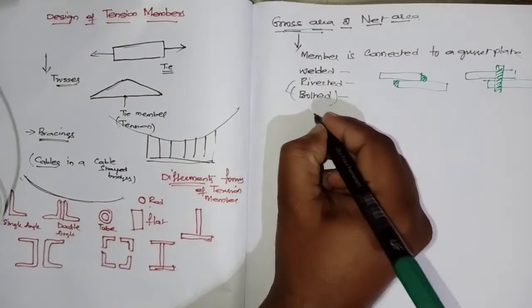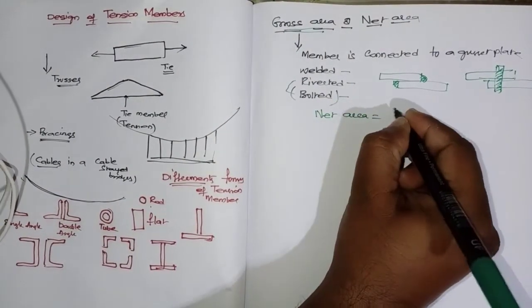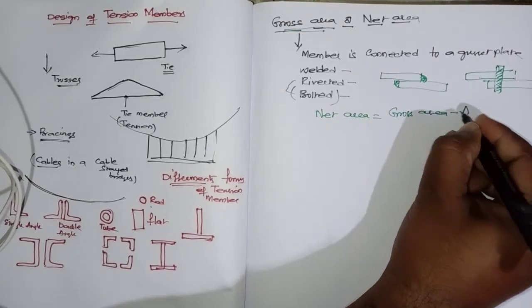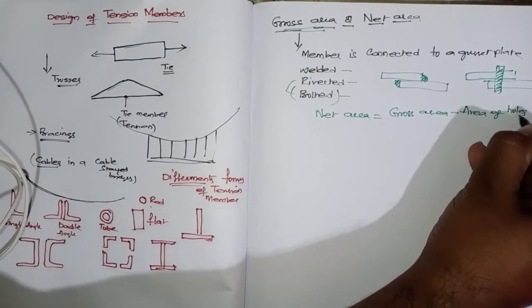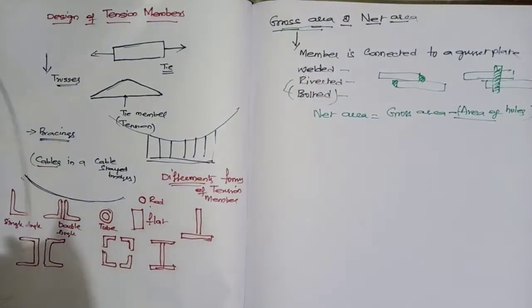Net area equals gross area minus area of holes. You have to deduct the area of holes from the total gross area available, so that you get the net area. This is the difference between the gross area and the net area.